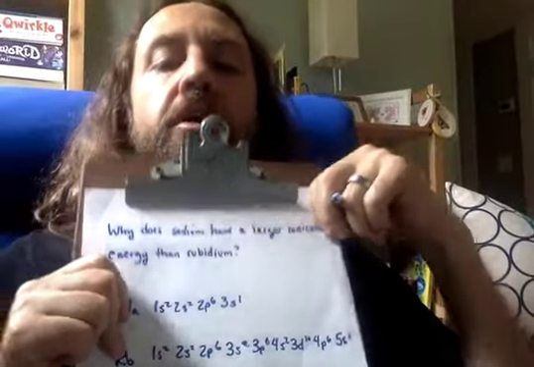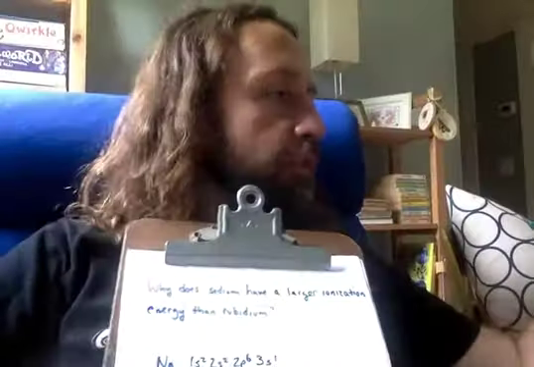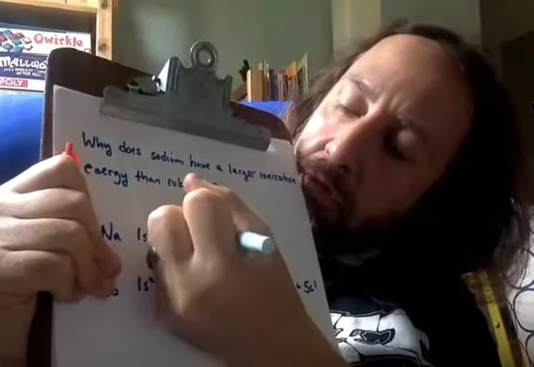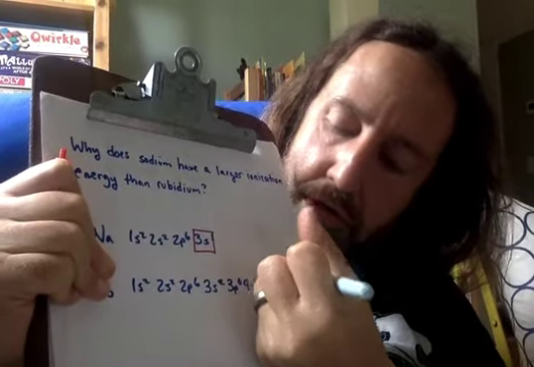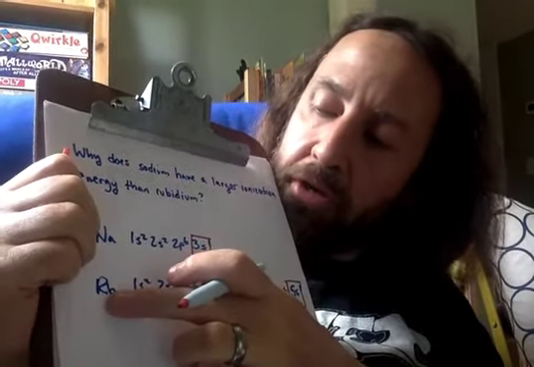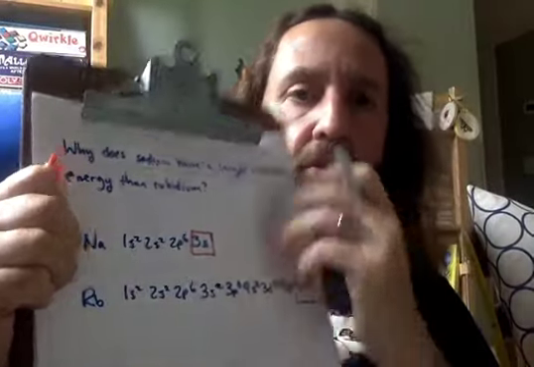And so if I was going to mark the valence shell here, on sodium it would be 3s1, and on rubidium it is 5s1.